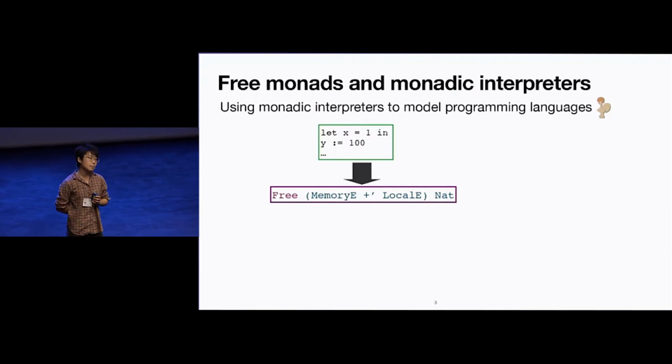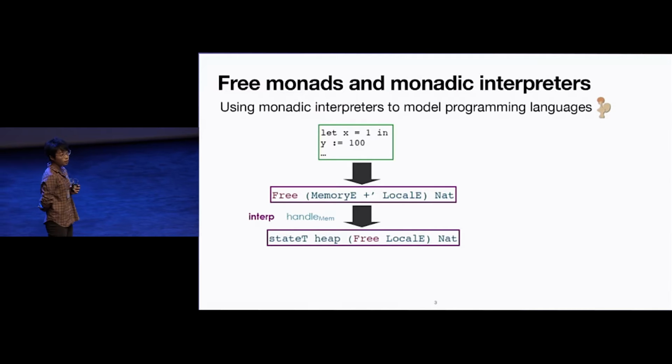Now we can give a semantics to this in a layered fashion. If you know how to fold over the structure of a particular free monad, you can have an interp constructor, which folds over a monad, and given a handler that gives a concrete semantics to your memory events, you can then go to a state transformer, which represents memory as a heap, and then you're left with a free monad with the remaining events, which are local environments.